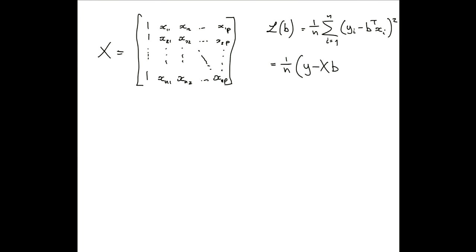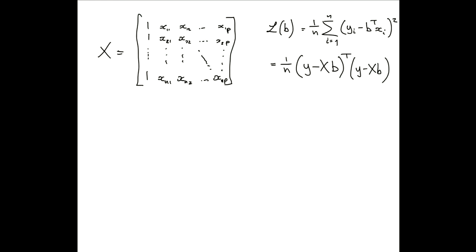You can think of this as the y hats. But we need to square it. So instead of squaring it, we do the same thing as we did before. We take the transpose and we multiply it by the same thing. So you can think of this as squaring it.